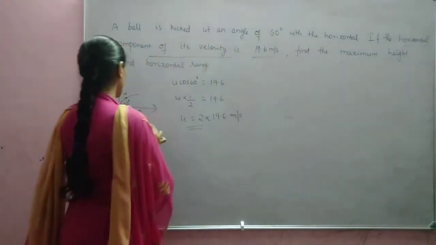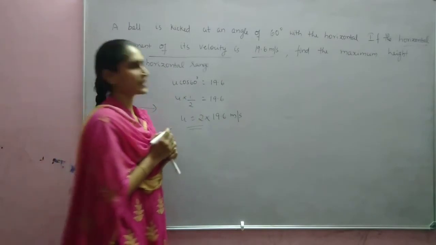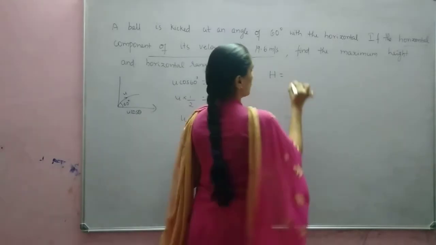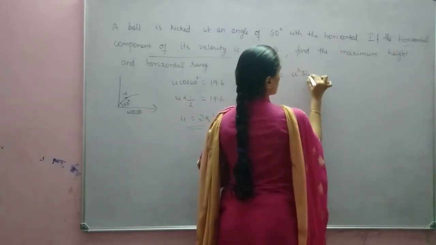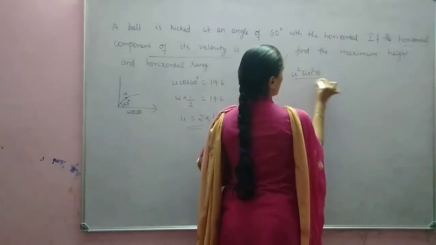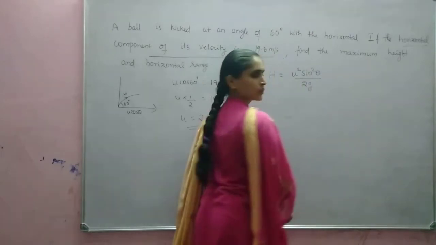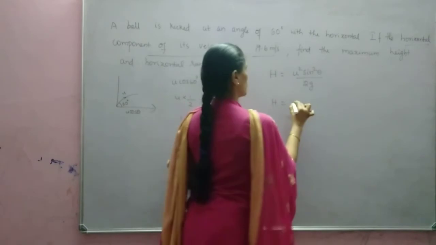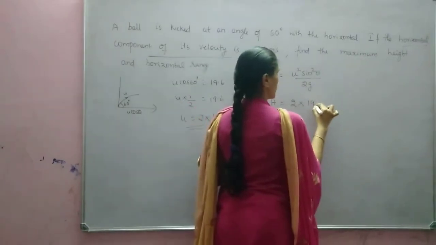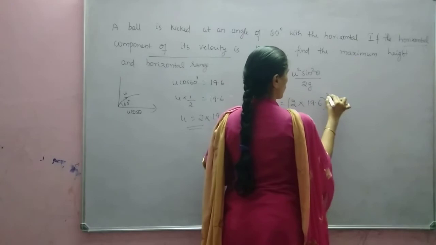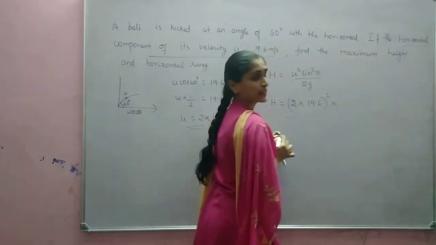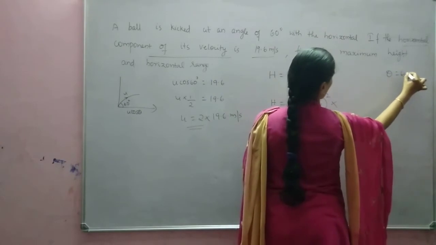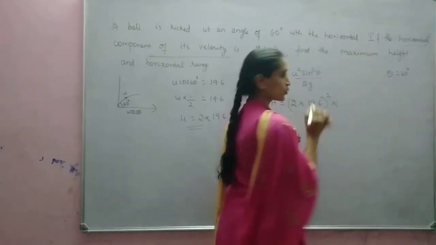Theta angle we know, 60 degree. Now you can find the maximum height. What is the formula to find maximum height? H is equal to u square sin square theta divided by 2g. Or H is equal to, what is the value of u? 2 into 19.6 the whole square. Sin square theta, theta value is 60 degree. So sin 60 is root 3 by 2.